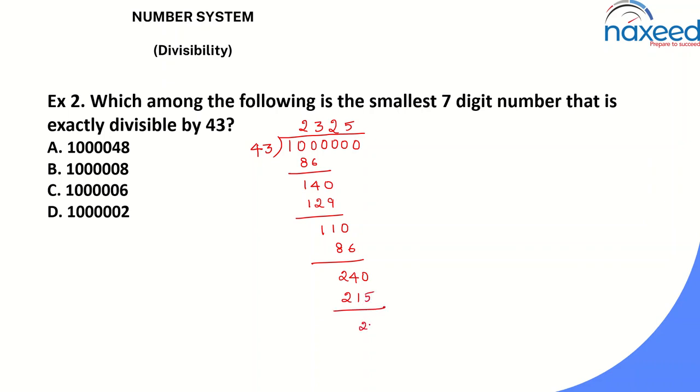Take one more zero, again 5 times, it is 215, and the remainder is 35. Which number, if we add it to this 35, is exactly divisible by 43? Take the difference, 43 minus 35, you get 8. So if you add 8 to this number, it is exactly divisible by 43. So option B is the right option.